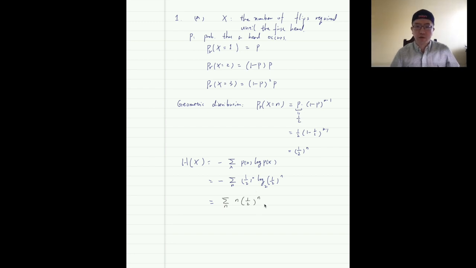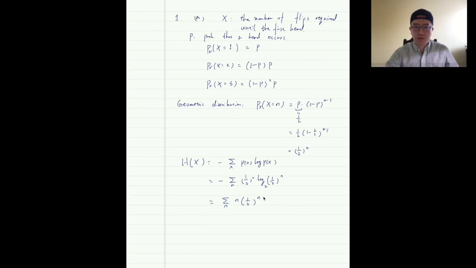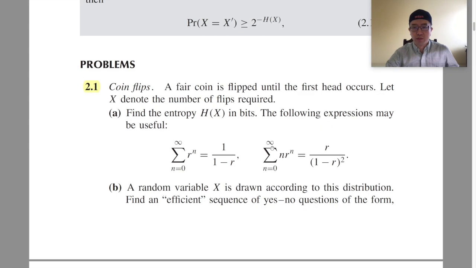After that, we can see this summation has a standard form, and we can use that to compute it. Our summation has n from 1 to infinity. N cannot be 0, but if n is 0, the entire term is 0, so we can use the formula directly. That's r over (1 minus r) squared.